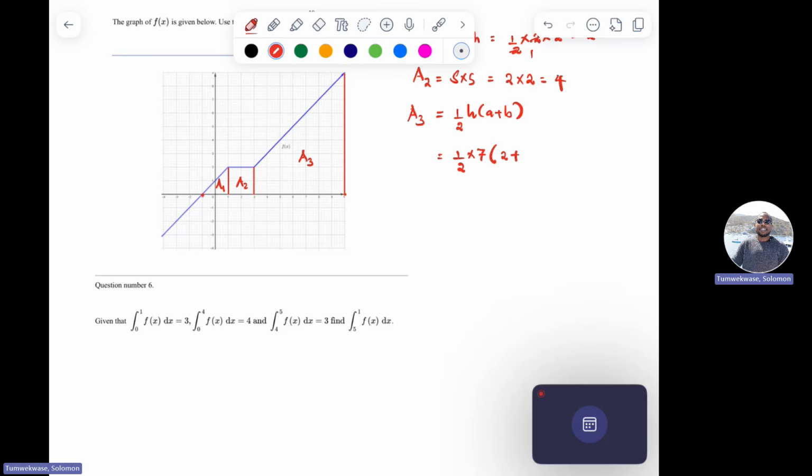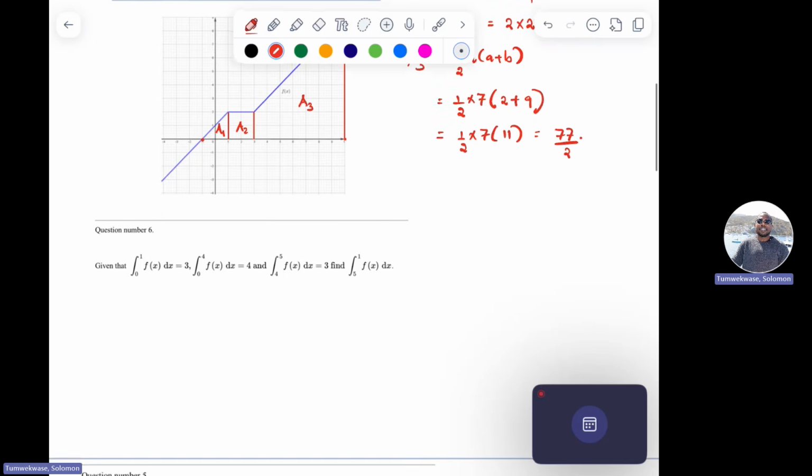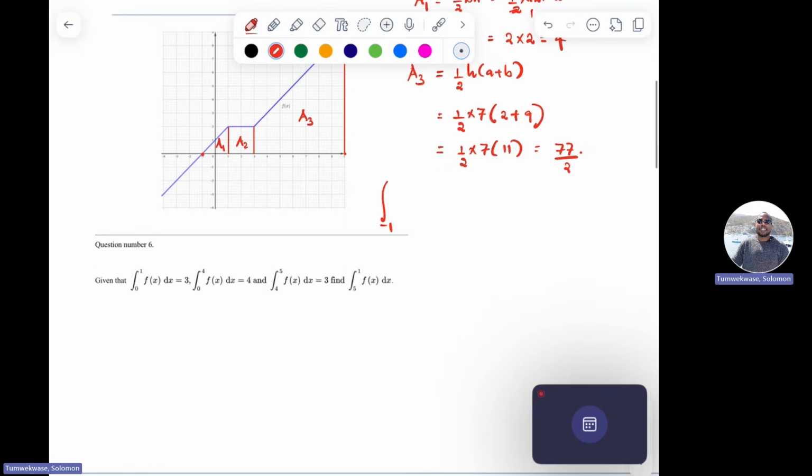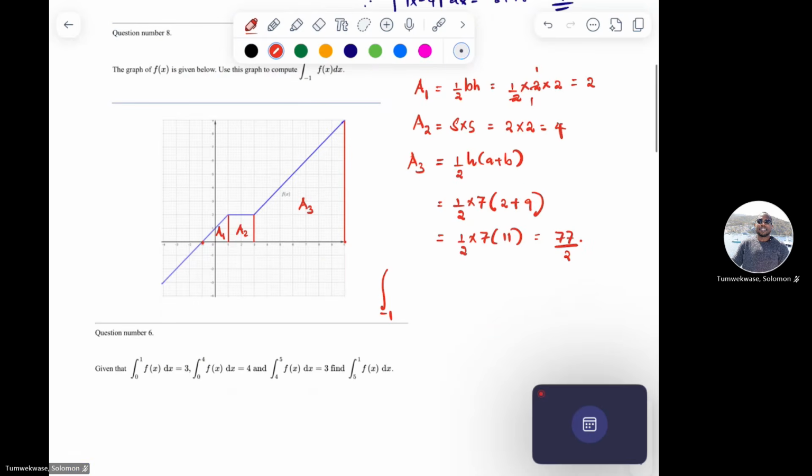Hope you can see that. So this is 9. Okay, so this is 1/2 times 7 into 11, and this is 77 over 2.